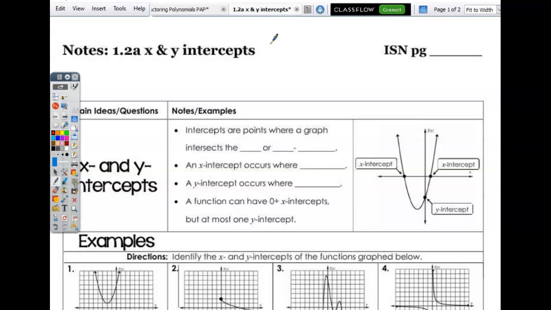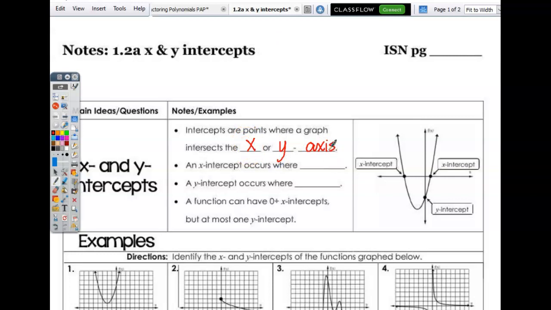So the reason we factored yesterday is that's how we find our x-intercepts, right? Factoring leads to where the graph crosses the x-axis. So intercepts are a point where the graph intersects the x or the y-axis.